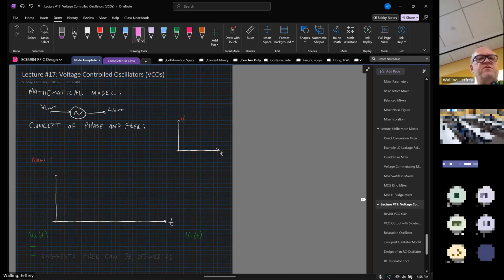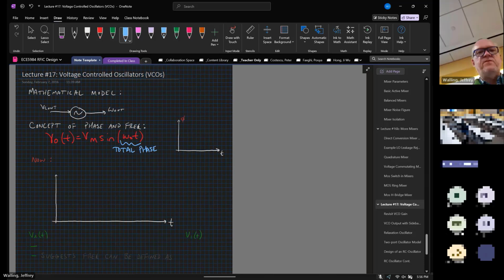We have some control voltage and some output frequency, and we can conceptualize this with an equation that says the output signal from the VCO with respect to time is equal to some amplitude Vm times sine of omega naught of t, and we call this quantity omega naught of t the total phase of the oscillator.